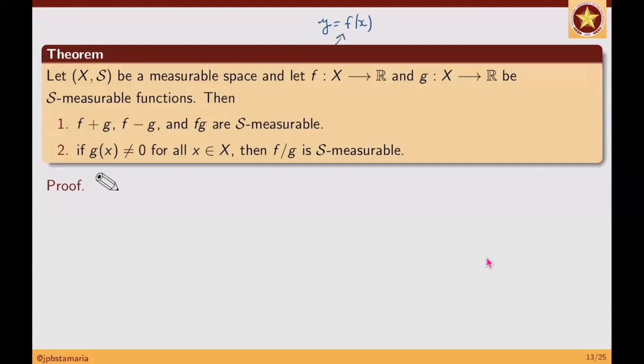Pwede kong gawin yung z equals f of t. It doesn't matter. Sanay lang tayo sa y is f of x sa calculus. So kung pwede bang gamitan ng x yung f at g, why not? Oo, pwede. Walang kinalaman.